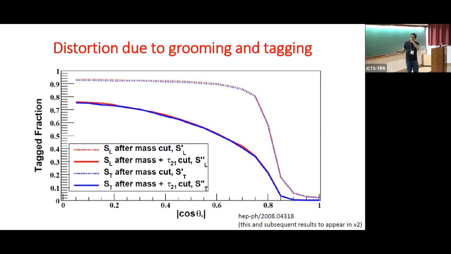Now, coming to the point that Tuhin raised, the grooming algorithm actually biases you. There are two distortions in the distribution. One is that your tagging efficiency differs depending on what cosine theta star is. The larger cosine theta star is, the more one of the emitted particles, the U or the D bar, is very soft and at very wide angle, which means it will fail the tagging cuts.